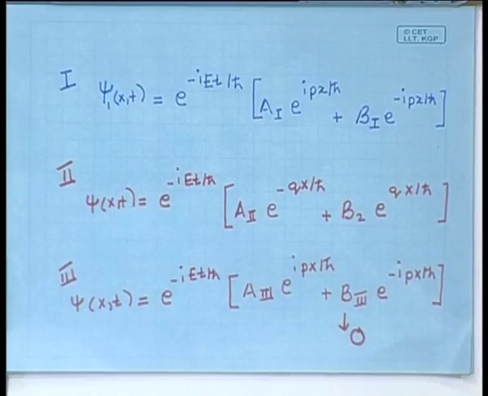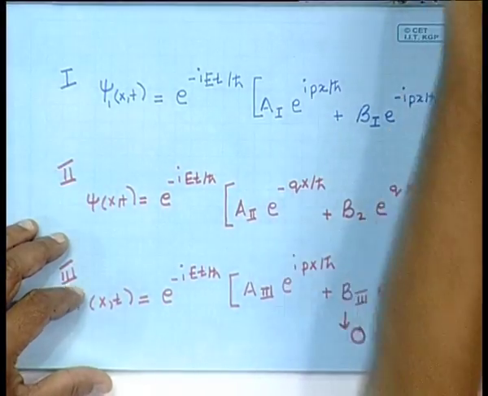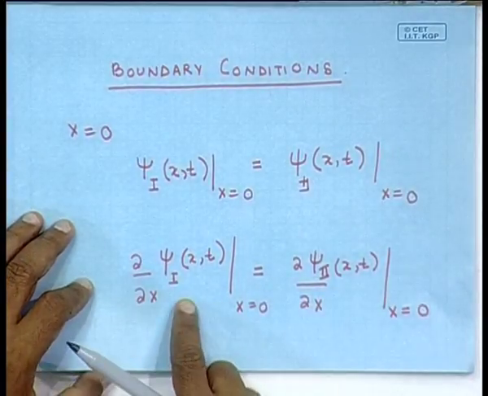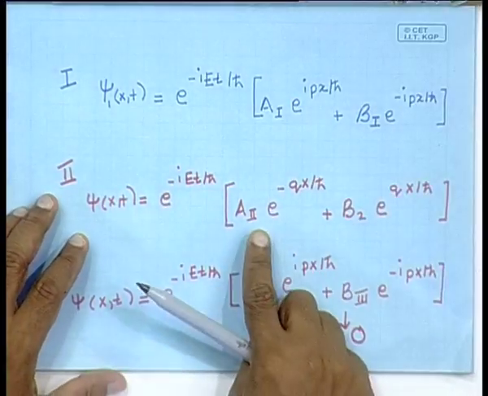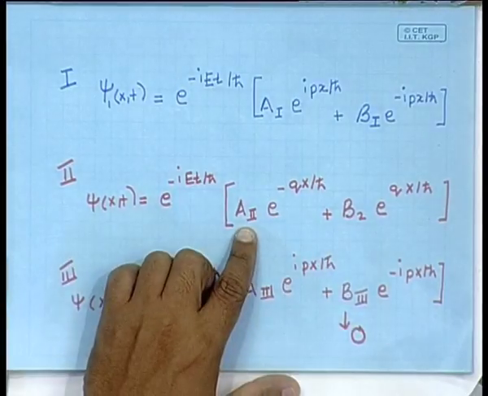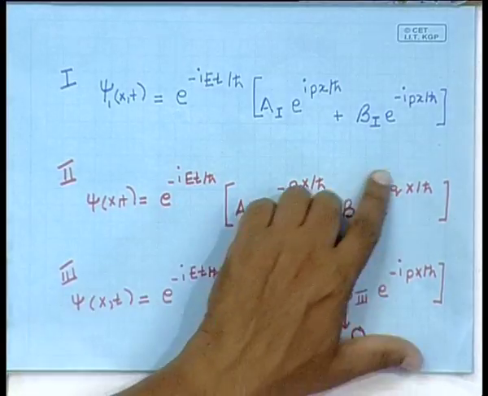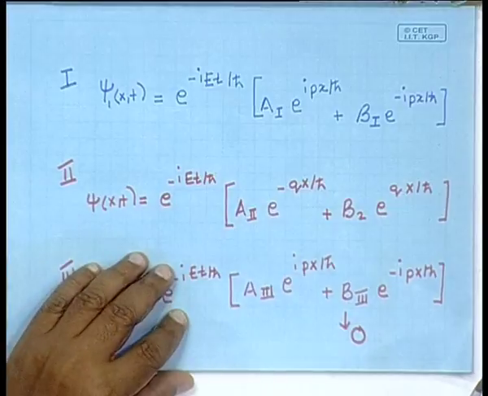Let us now apply the second boundary condition. The second boundary condition is the requirement that the derivatives should be the same on the left and the right hand side. So, we have to differentiate this and set x equal to a. If I differentiate this, I will get a minus q here, I will get plus q here. H cross will be there both here and here, so I can cancel it out.